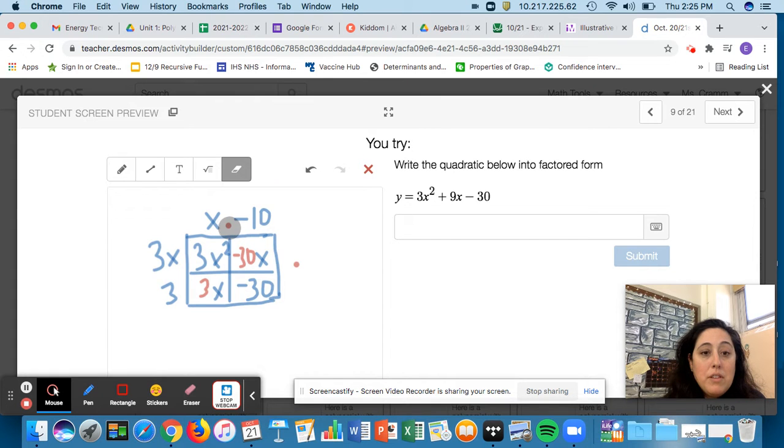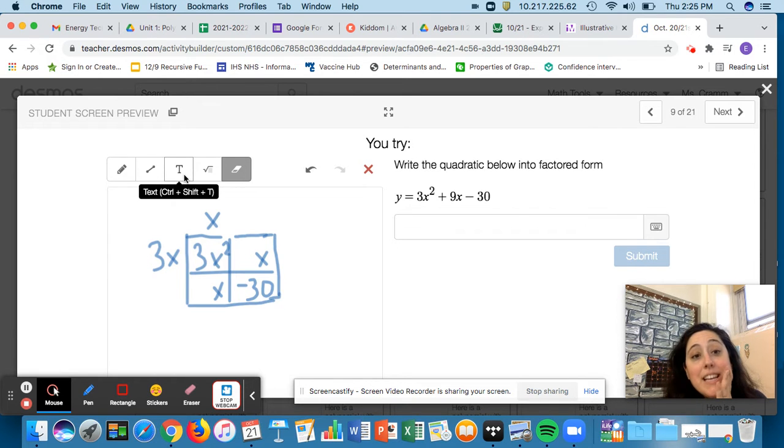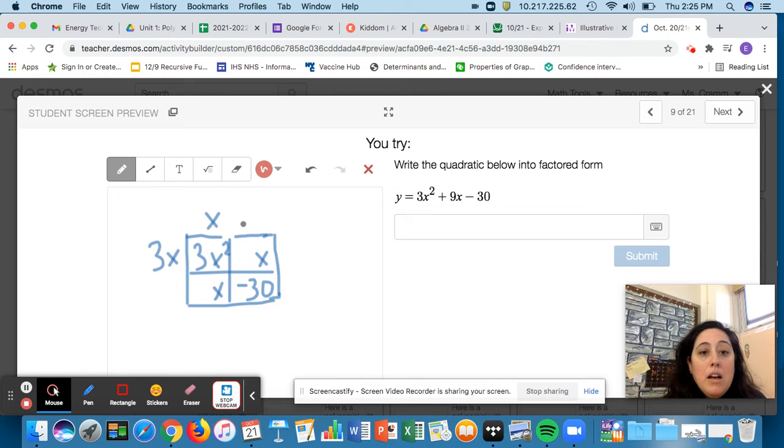So let me just see if I can erase. Okay, all right, that's not so bad. Okay, so let me try, right, these factors aren't working for me. They don't give me any kind of 9. All right, so I'm thinking 5 times 6 also gives me 30. So let me try that. I'm going to try -6 and a +5.